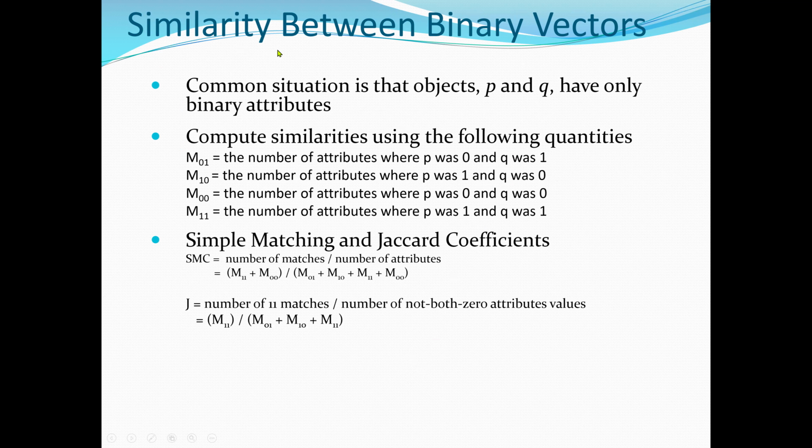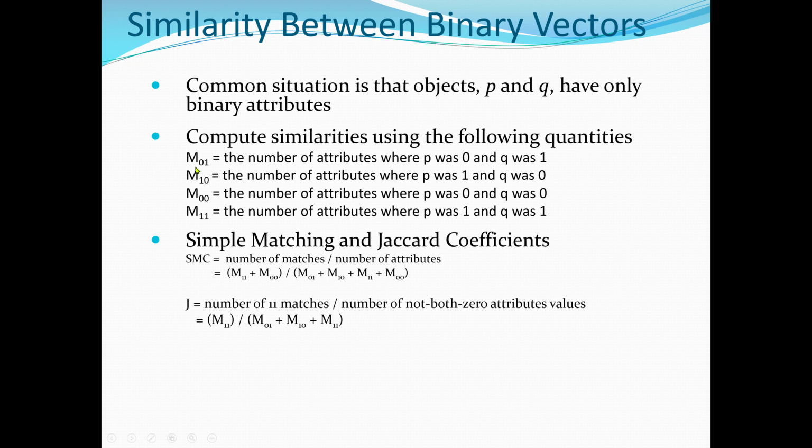Now, similarity between binary vectors. Here we say the common situation is that objects P and Q have only binary attributes. Binary attributes are attributes that have only two outcomes, maybe true, false, 1 and 0, etc. To compute similarity, we use the following quantities.